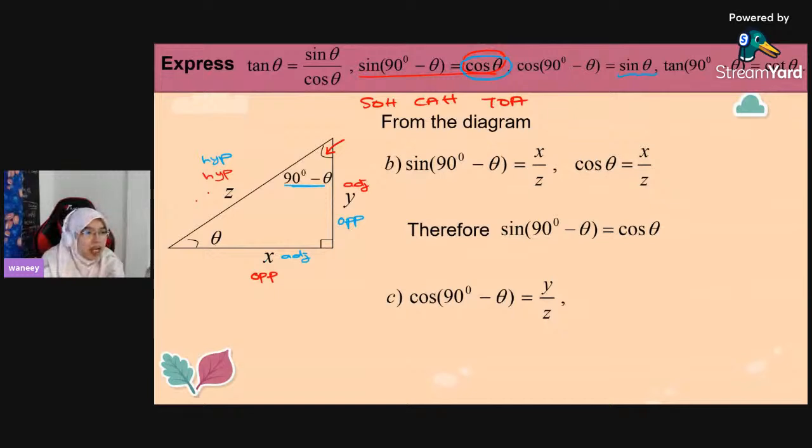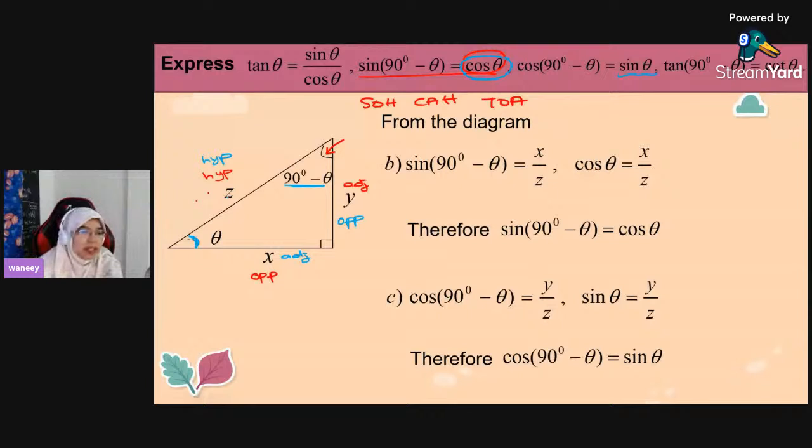Sine is opposite over hypotenuse. The opposite of theta is y, the hypotenuse is z. So again, we get the same thing, sine theta equals y over z. So you can conclude that cos of 90 degree minus theta is equal to sine theta. So we can make some conclusions based on the diagram.